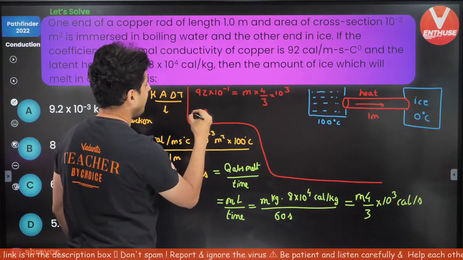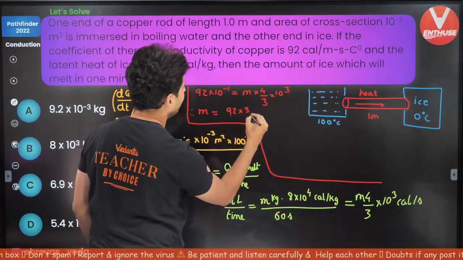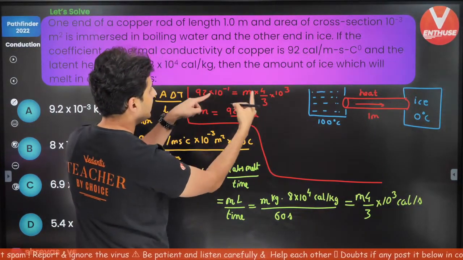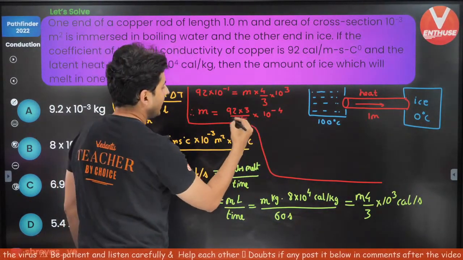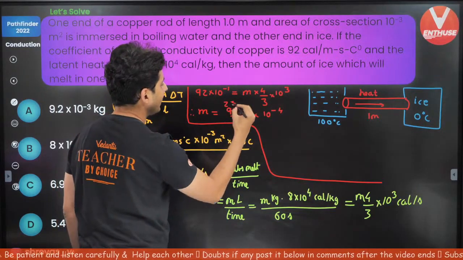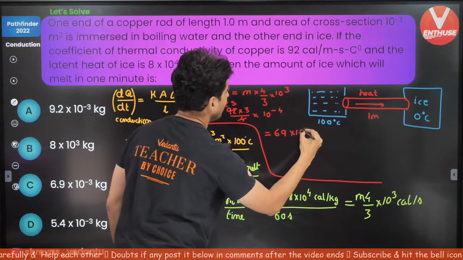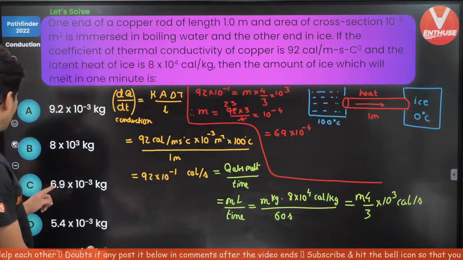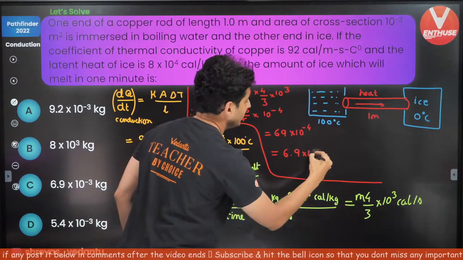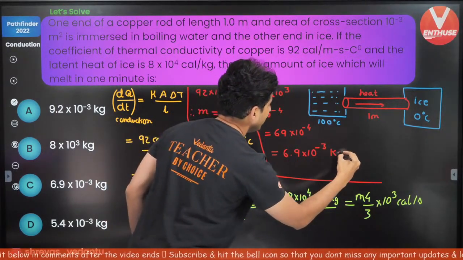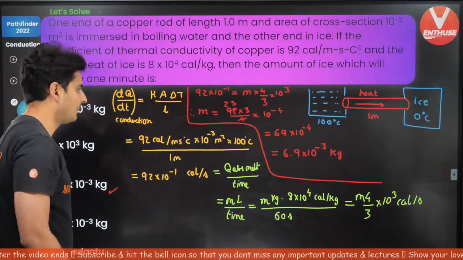So therefore m will be equal to 92 into 3 divided by 4 into 10 to the power minus 4. 92 and 4, this will go 23 times. 23 into 3, that will be 69 into 10 to the power minus 4. So that means it will be 6.9 into 10 to the power minus 3. This is all in kg. Remember, m was in kg. So I think I have got the answer over here.